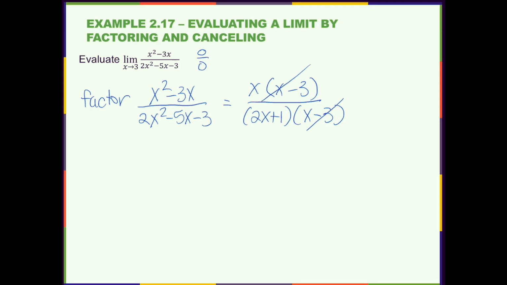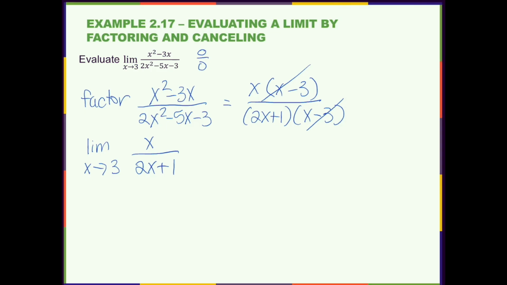And now I can get rid of that factor of x minus 3, and I can rewrite the limit as x approaches 3 of x over 2x plus 1.